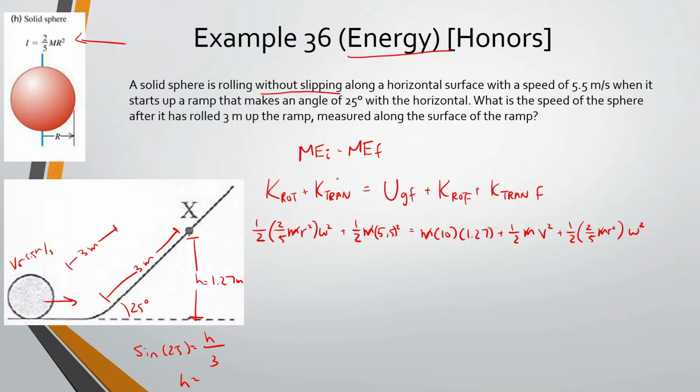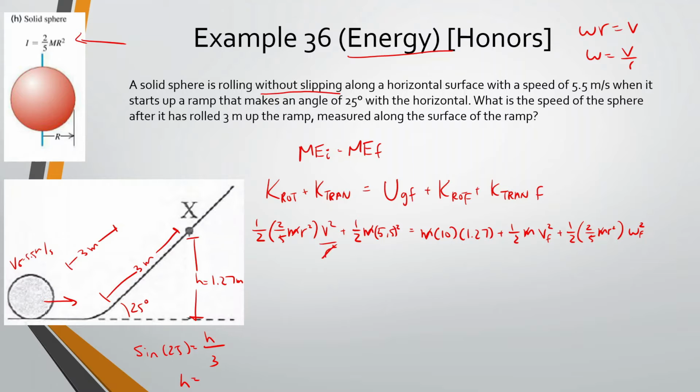The next thing we should notice is this. We have two unknown variables, the omega and the v. So this is omega final, this is v final, this is omega final. So what I should do is change this omega. As we know from before, omega times r equals v, so omega is equal to v over r. So I'm going to change this omega to be v squared over r squared.